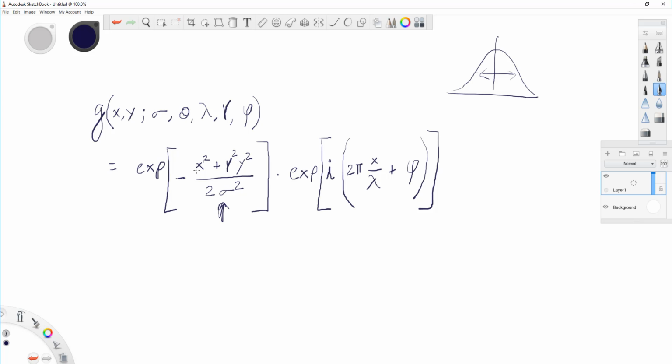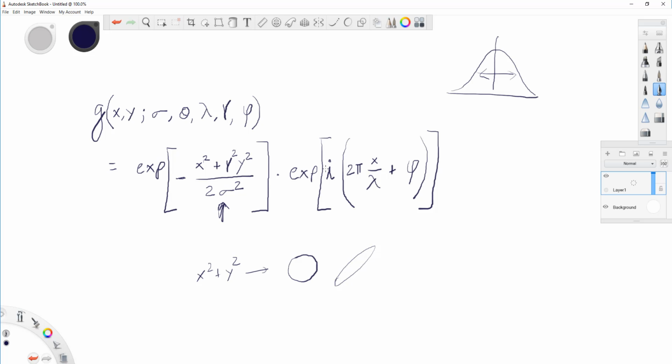If you look at this term, what is x squared plus y squared when you plot it? This is nothing but a circle, right? So if gamma is equal to 1, then you have a kernel that looks very circular. If gamma is very close to 0, then you define a kernel that is elliptical in one direction, or almost like a straight line. So that's what aspect ratio basically means.